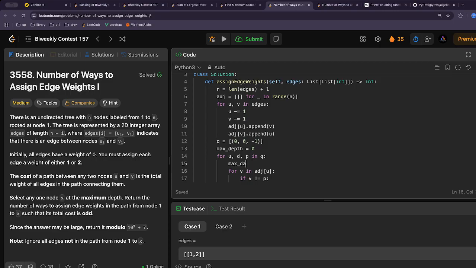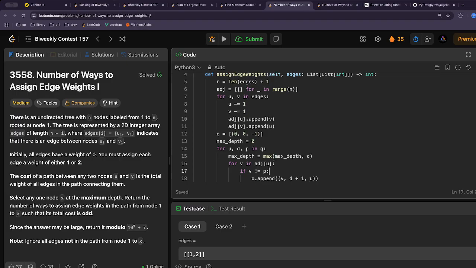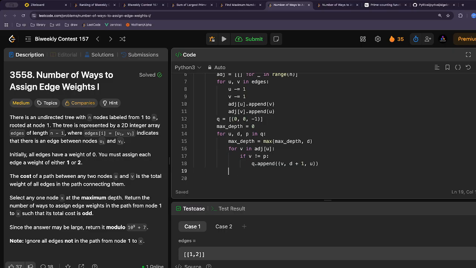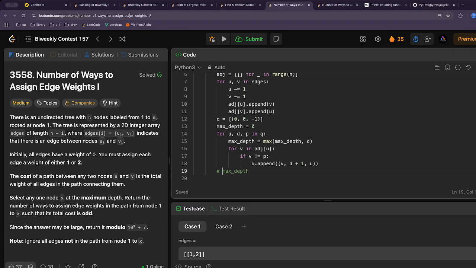So the max depth is the maximum between the max depth and D, the depth. And so now we have our max depth, right? This is kind of an easy Q3, right? I think this is easier than Q2.